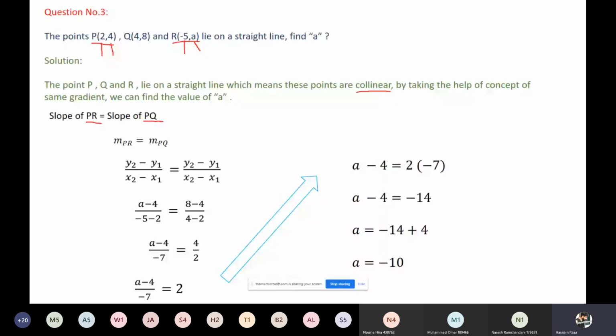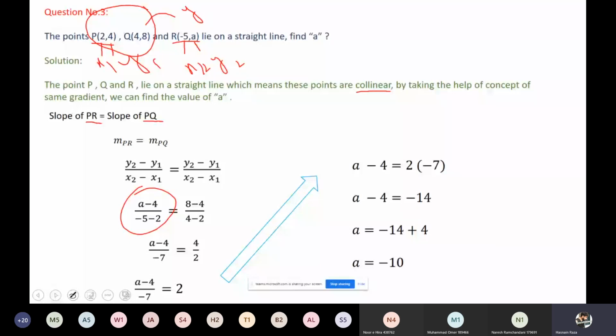In y2 minus y1 we put a minus 4, and in x2 minus x1 we put minus 5 minus 2. Fine. Now when we talk about P and Q, once again 8 is y2 and 4 is x2.